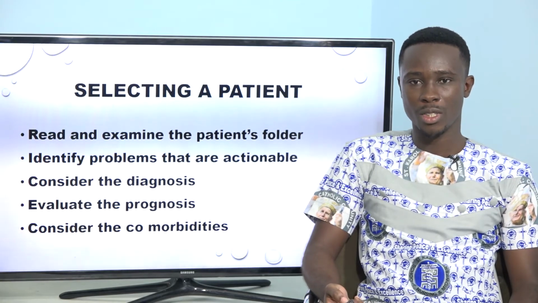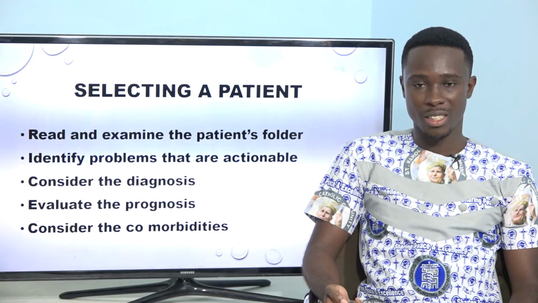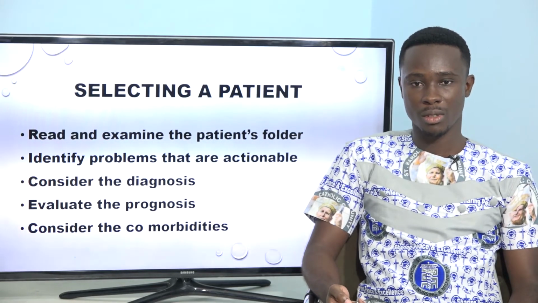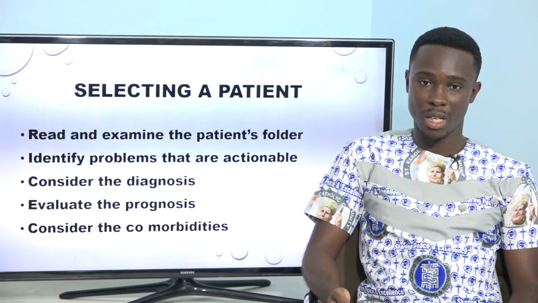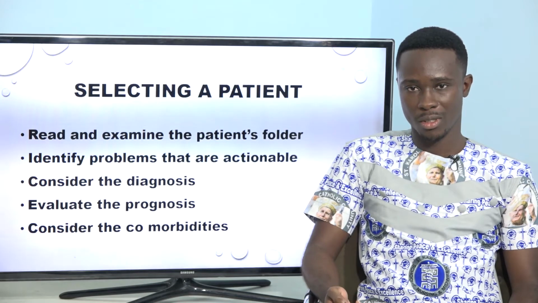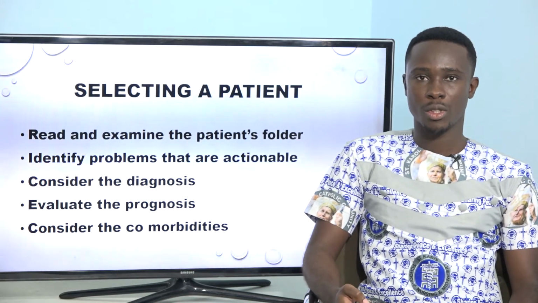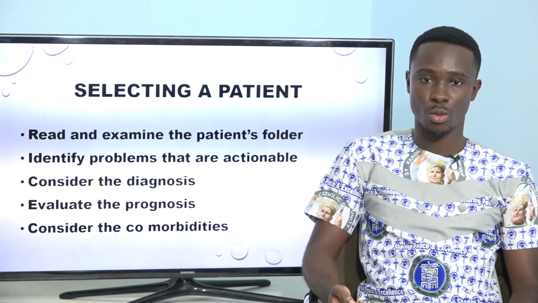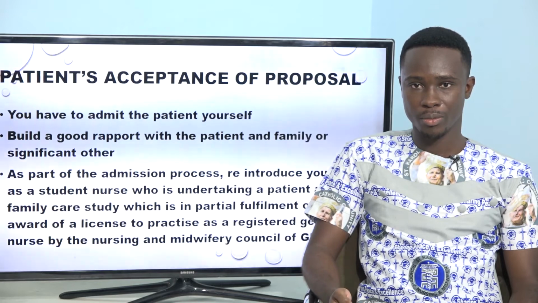Because when you evaluate a case like that, though you can use it for a case study, sometimes it's a bit risky, but you have to take into account all these things to help you select a patient. You also have to liaise with your supervisor, who would tell you if a case is good or not. And this is the process of selecting a patient.